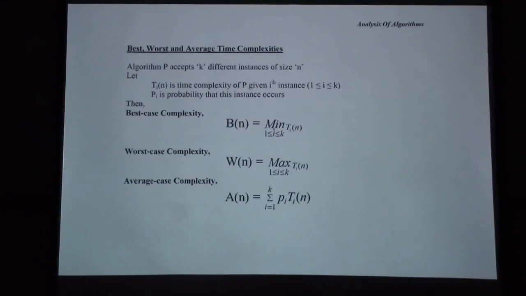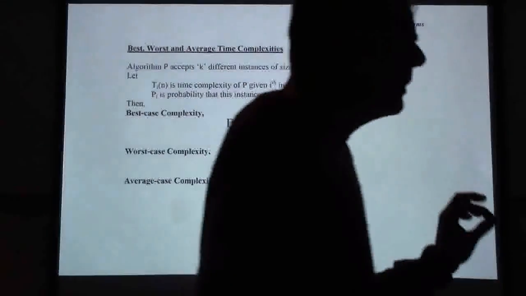I want you to keep in the back of your mind what we talked about in terms of the permutations of the elements in the array. We can have 10 elements in an array, but we know there are 3.6 million permutations, right? What that means is there are 3.6 million orders of the elements.